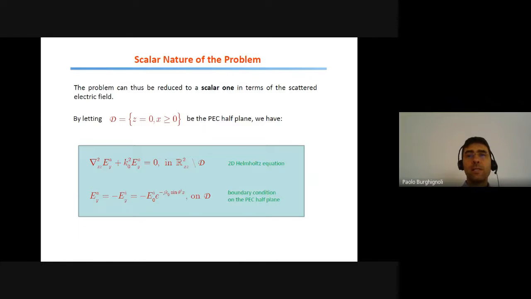Well, the problem can now be formulated mathematically, since we are dealing with a two-dimensional problem in that there is no dependence on the y-axis. We have basically a scalar problem in which the unknown is the only non-zero component, Ey, of the electric field. And in particular, the unknown is the scattered electric field.